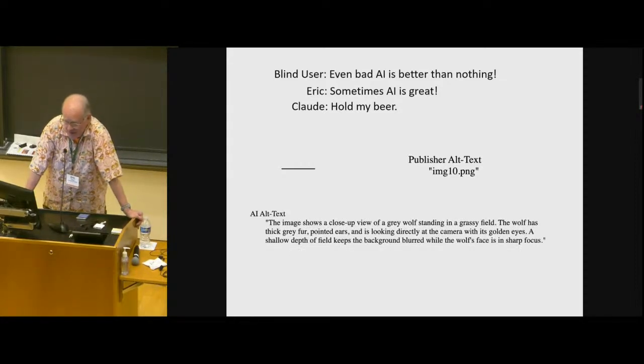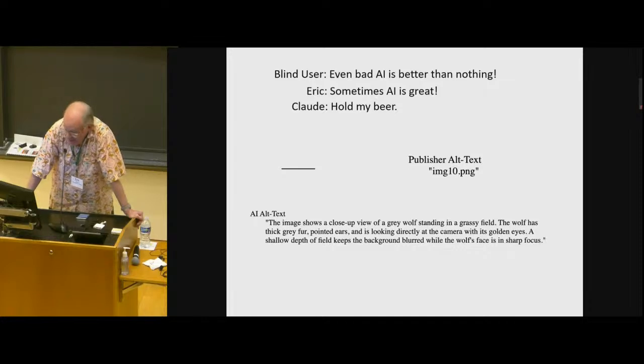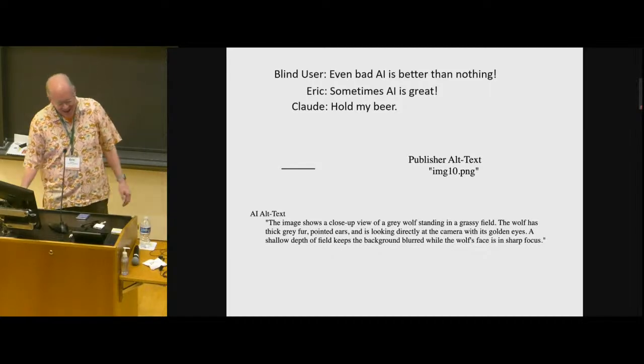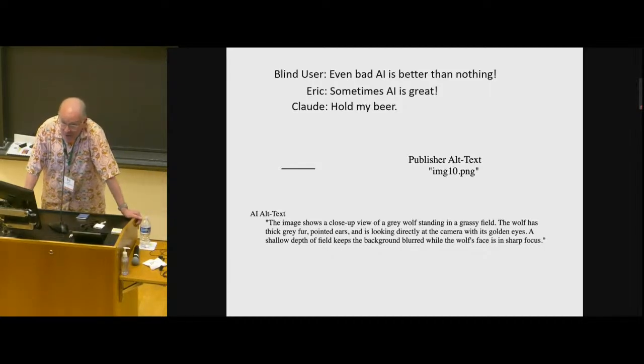Claude says, the image shows a close-up view of a gray wolf standing in a grassy field. The wolf has thick gray fur, pointy ears, and is looking directly at the camera with its golden eyes. A shallow depth of field keeps the background blurred while the wolf's face is in sharp focus. That's the more powerful model.